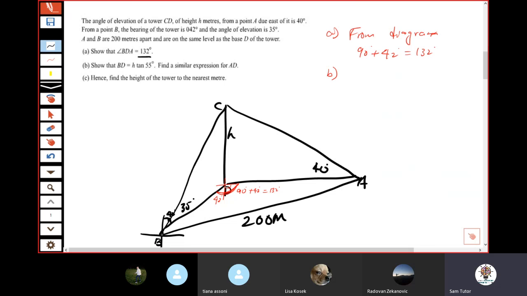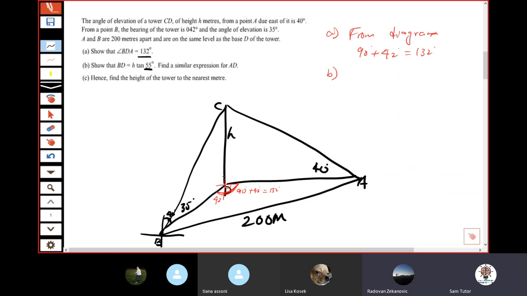Show that BD is equal to H tan 55. Okay, anyone have any ideas of how I'm going to bring 55 in? We're looking at this triangle. Do we know what angle this is?